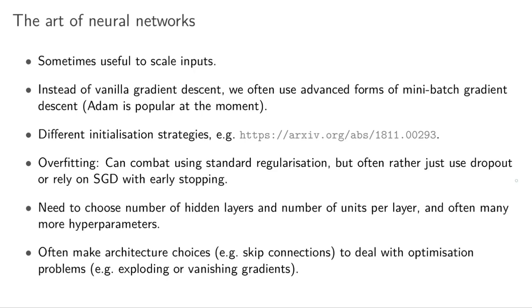With neural networks, you need to make a ton of decisions. You need to choose the learning rate of the model. If you use dropout, there are some hyperparameters there that you need to choose. Even with the simple feed-forward neural networks that we've looked at in this playlist, you will have to choose the number of hidden layers and the number of units per layer. So there are many decisions that you need to make.